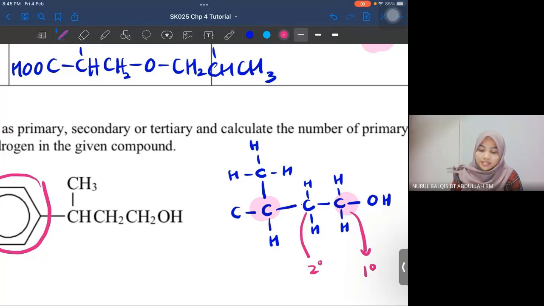Okay, what about this carbon highlighted in pink here? Yang ketiga tu, ada berapa banyak carbon directly attached to it? 3. So we have 3. 1 sebab kiranya benzin tu dia tak kisah tau. Dia bukannya kita kata benzin tak tengok langsung. Kalau dia sebagai substituent kita kena tengok lah. So 1, 2 and 3. Maksudnya they belongs to which class of carbon?